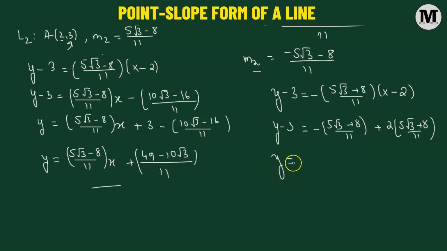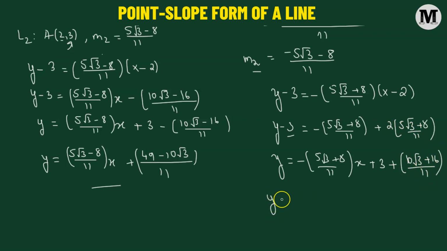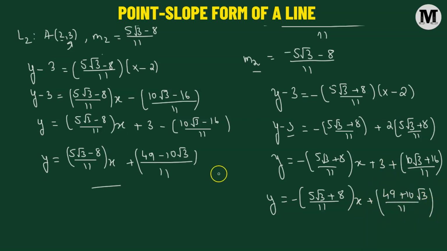So y will be equal to negative 5 square root of 3 plus 8 over 11 times x. Then we'll transpose this 3 to the right hand side and combine 3 with 2 times 5 square root of 3, that's 10 times square root of 3 plus 16 over 11. So that will be y equals negative 5 square root of 3 plus 8 over 11 times x plus 49 plus 10 times square root of 3 over 11. So this is going to be the equation of line L2.